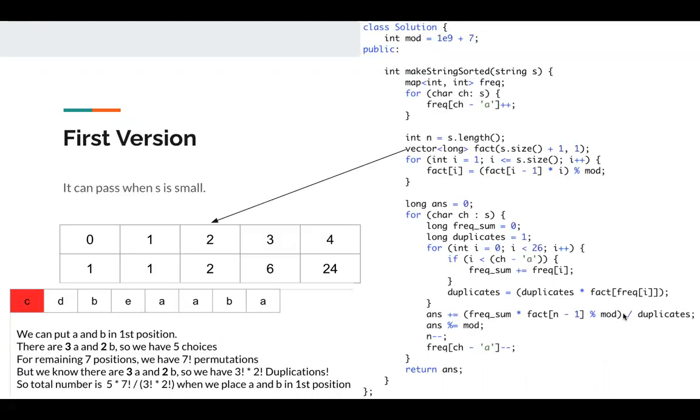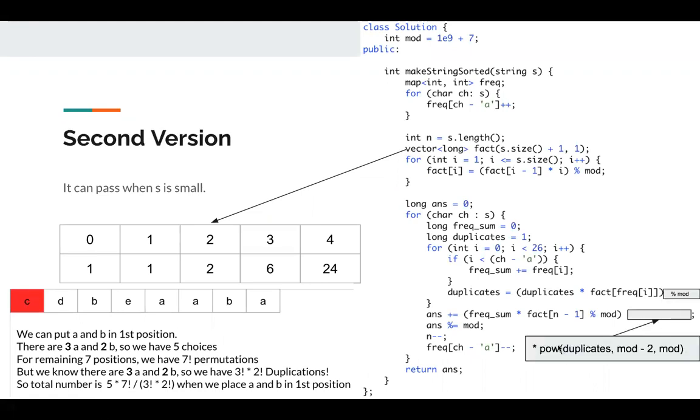Previously here we multiplied by 1 divided by duplicates. Now we can just multiply by duplicates to the mod minus 2. Then finally we just mod this number. And this POW function is a very typical helper function that calculates the power and also mods the number. It is used in a lot of LeetCode questions.